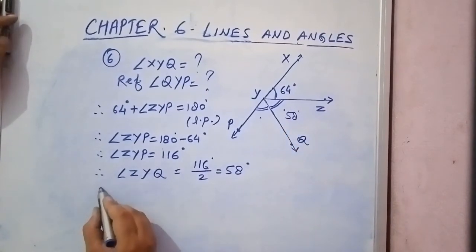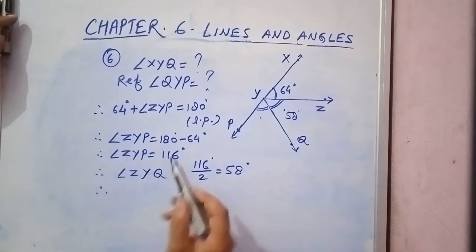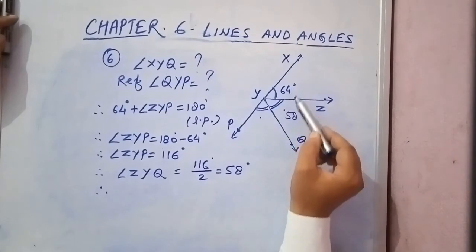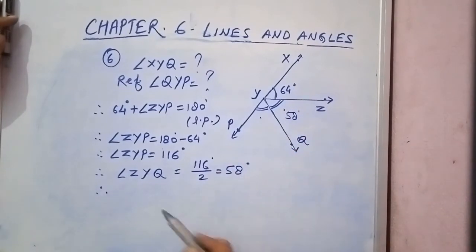First we need to find XYQ. XYQ means 64 plus 58.